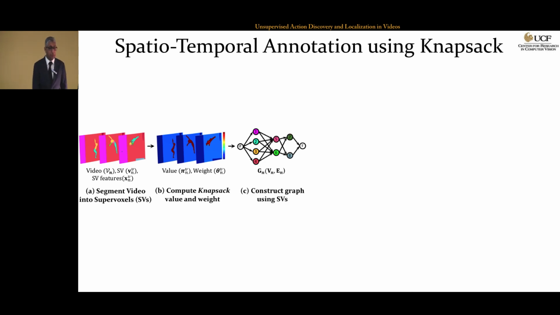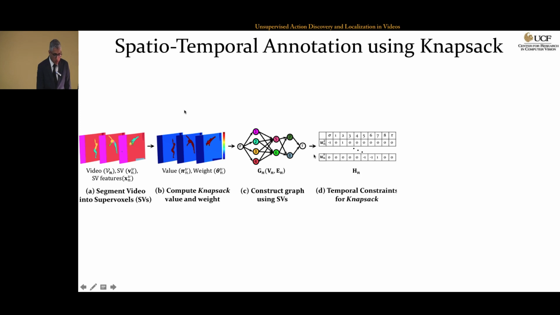Once you have this knapsack value and weight, then we construct a directed acyclic graph shown over here. This graph is a temporal forward-flowing graph where we have two dummy nodes, a source and a sink, and we connect these nodes from the start till the end of the video based on the supervoxels. Then we define some temporal constraints.